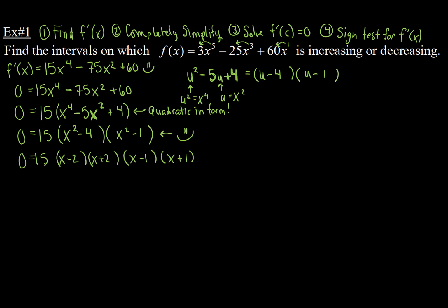And now I can set all of these factors equal to 0. Well, 15 does not equal 0, so that does not contribute to my solution here. But if I have x minus 2 equal to 0, that means that x equals positive 2. And if I do x plus 2 equals 0, that means that x equals negative 2. And here I'm going to get a positive 1 and a negative 1.